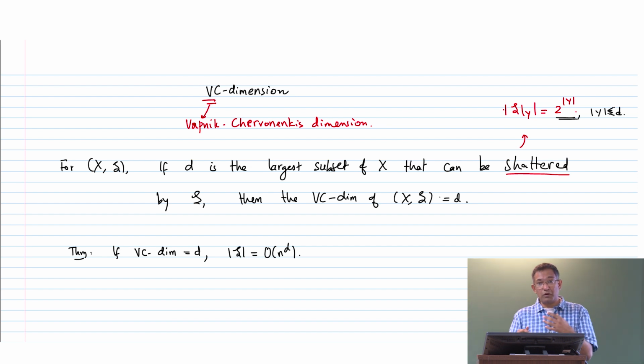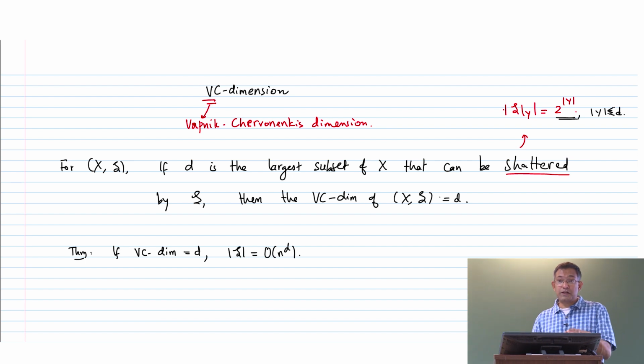So the sets you can shatter are sets of any size. So if your set system has VC dimension D, then the number of subsets you can create is polynomial.